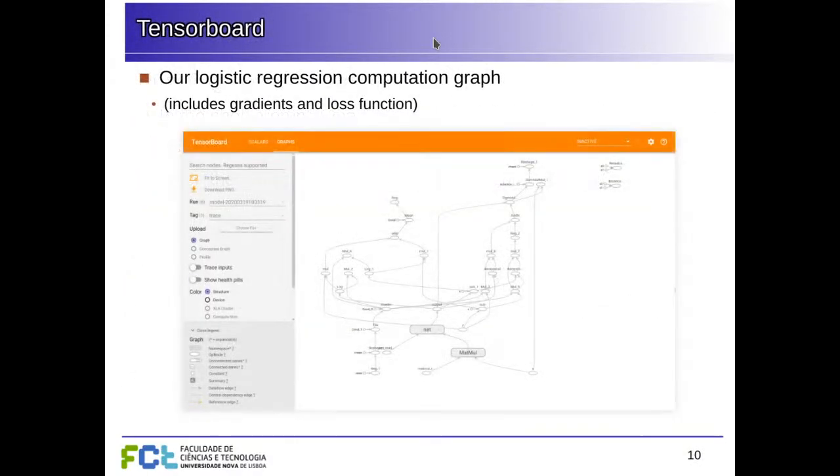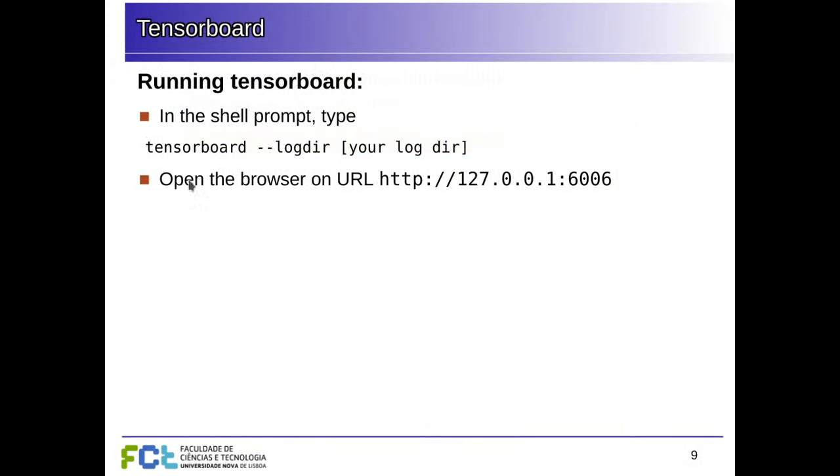So this is what you get when you run TensorBoard: it will run the server, and then you just open a browser on the local address, the localhost. This is 127.0.0.1, and the port is 6006. This one is easy to remember because it looks like Goog from Google.